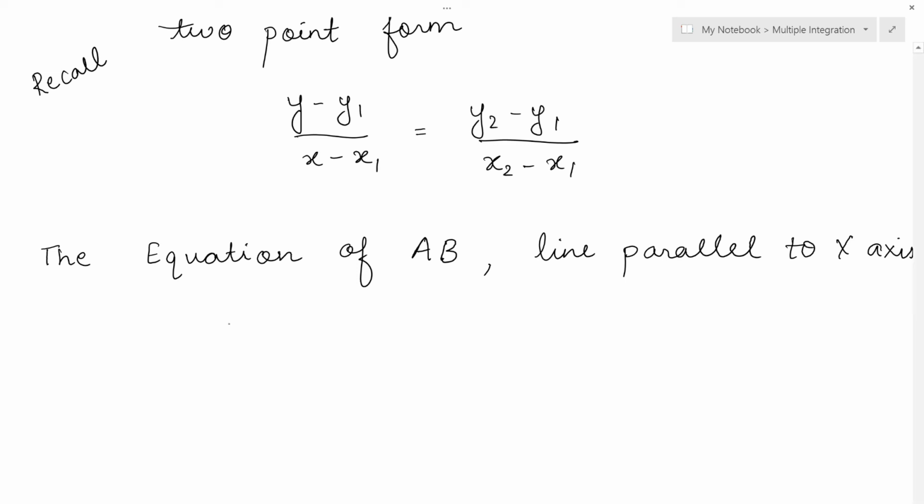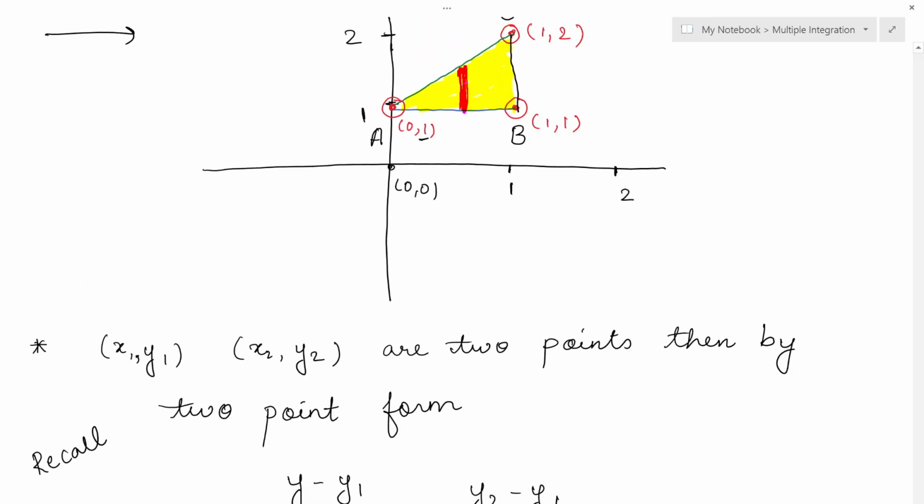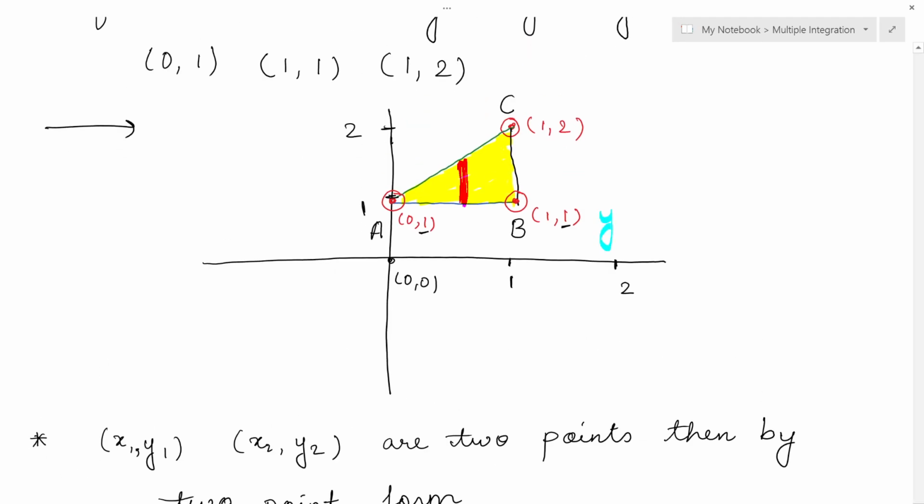So the equation of the line AB is y = 1. Orally, a line parallel to the x-axis is a line y = a. You know this. The value of a you can find from here only. The value of a is 1, the value of y is 1 in this case. So the equation of AB is the line y = 1.